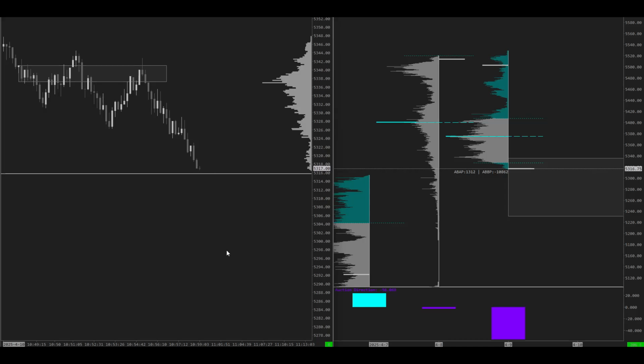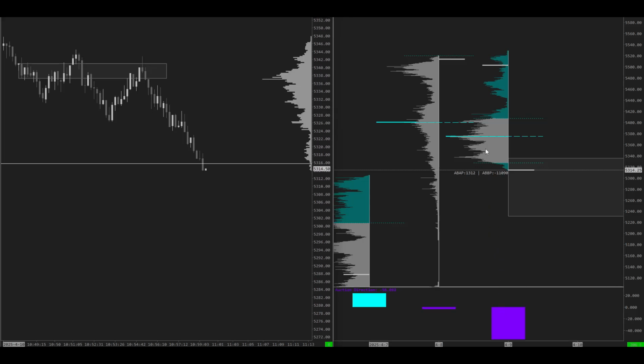I'd really like to see it flush. I think this is low of day, not just RTH low, because this is a full RTH profile. We finally took it out. Holding below eventually would be nice.